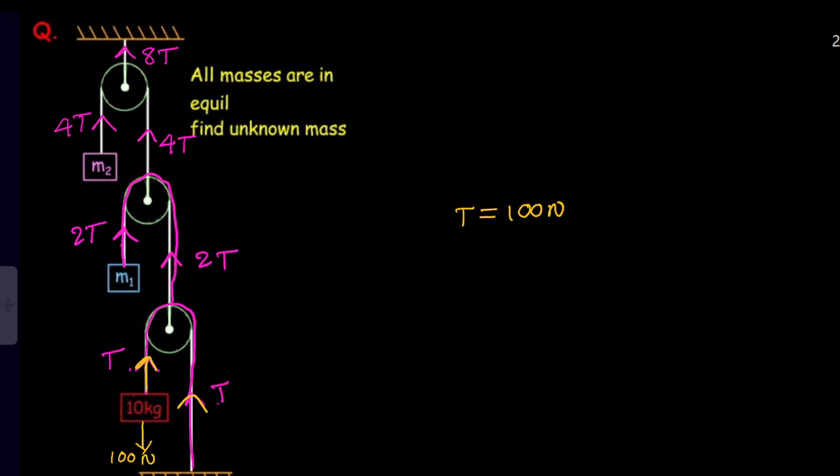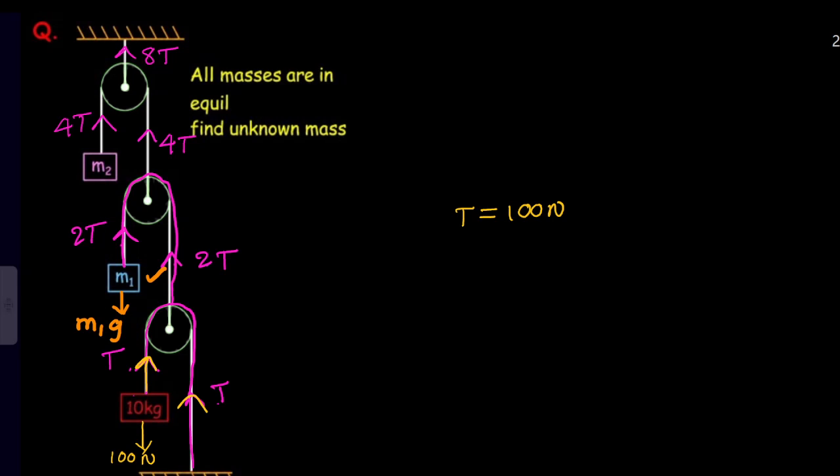Now look here, coming to the M1 block. The mass is M1, so the weight of this block is M1G. This M1 is also at rest only, no? That means upward force must be balanced by downward force.